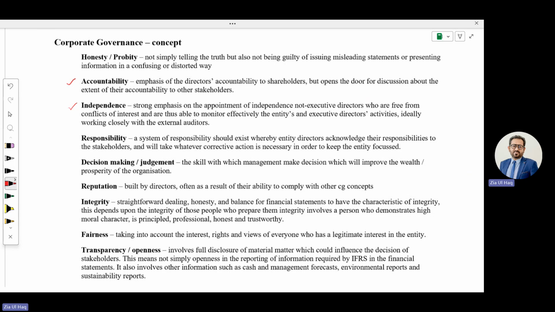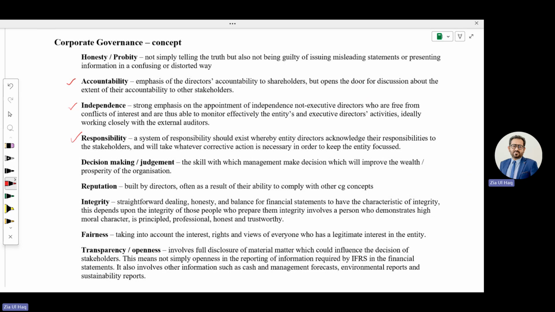And to enhance the independence of management, corporate governance requires inclusion of independent non-executive directors. Responsibility means management is responsible regarding performance of the company. If the company suffered any loss due to bad act of any employee, who is responsible for that? Directors. Because shareholders have handed over their company to directors to manage it.